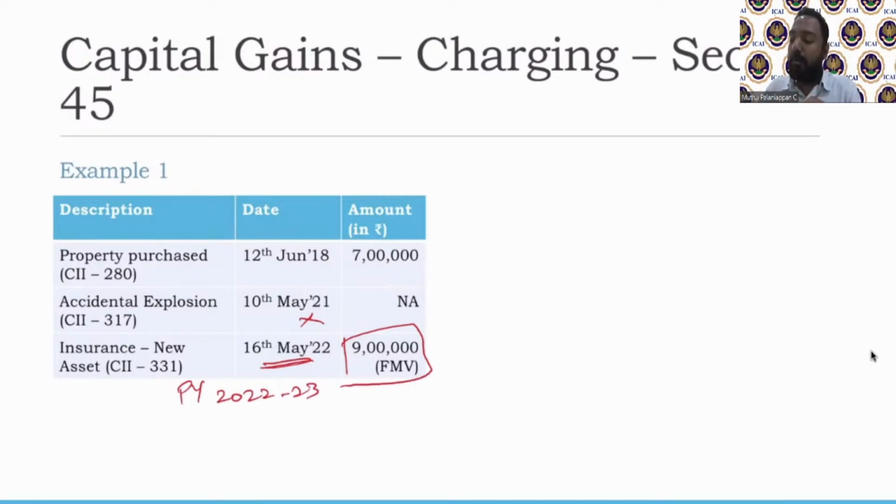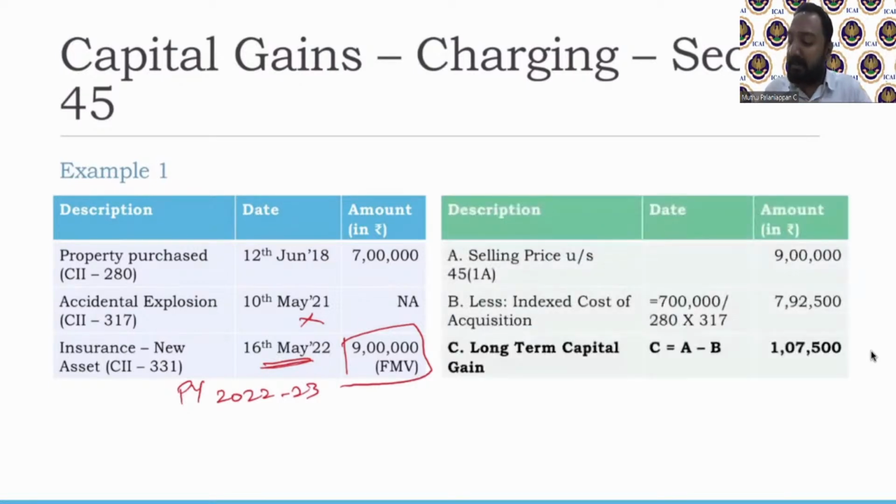So how do you compute? You take the selling price, that is 9 lakhs, because as per 45(1)(a), it is the money, or in case of another asset, the fair market value of that asset. So you take 9 lakhs and reduce the cost. We'll see about the index cost of acquisition a little later. But the importance here is the period of holding. Should it be from 18 to 22 or 18 to 21?